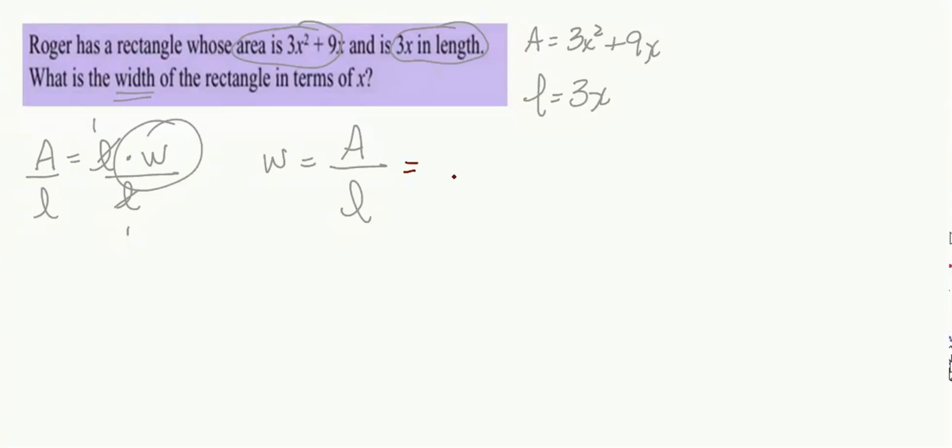Okay, so equal 3x squared plus 9x divided by 3x. So we only need to simplify this. And earlier I said that for each term in our numerator, they're going to separate into that many separate fractions. And in between fractions, we're going to put whatever operations were in the numerator as well.